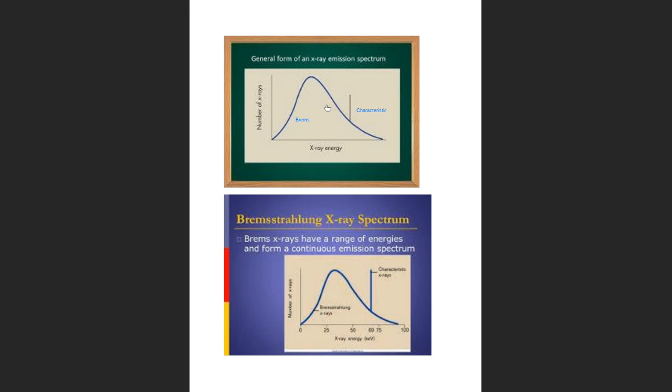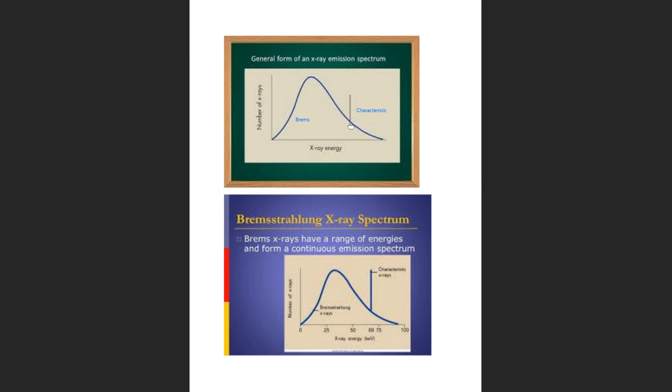When we look at this here, everything under this bell curve, this continuous spectrum, is BREMS. Characteristic X-rays are produced right at this specific level, which is 69.5. That's the only time we actually produce characteristics, at that energy level. So if I have a kV of 68, I have no characteristic X-rays being produced.